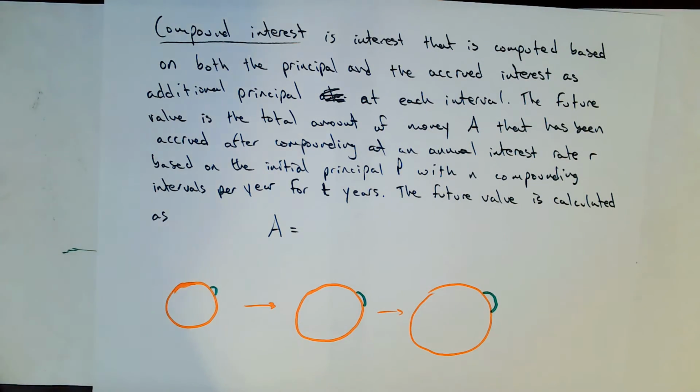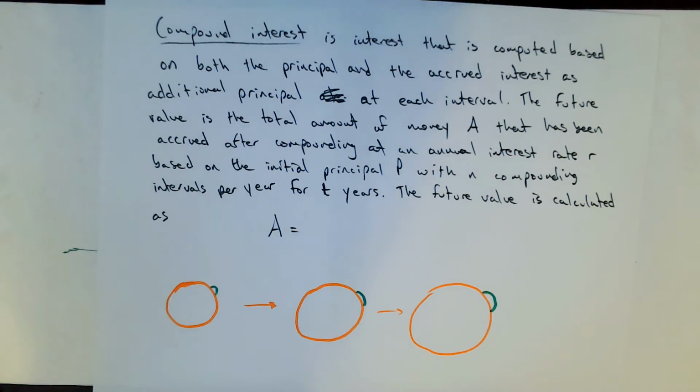There are different common ones: annually would just be one compounding per year, semi-annually would be twice a year, quarterly is 4 times a year, monthly is 12 times a year, and daily is 365 times a year. And I guess weekly, why not? Weekly would be 52 times a year.